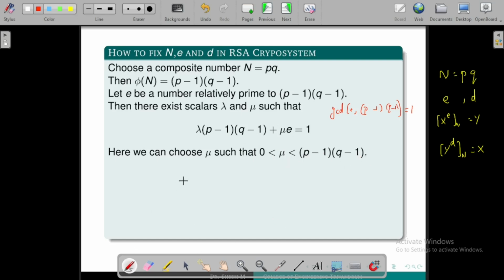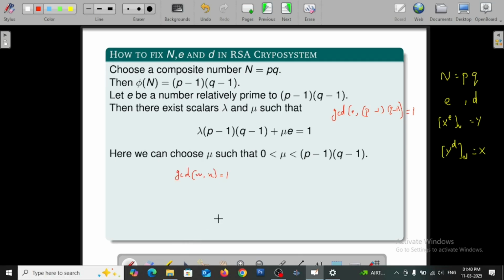So let me go to the theoretical part again. For example, let m and n be two integers such that the GCD of m and n is 1. So there exist integers lambda and mu such that lambda m plus mu n is equal to 1. The result here is we can choose this mu such that mu is less than m.